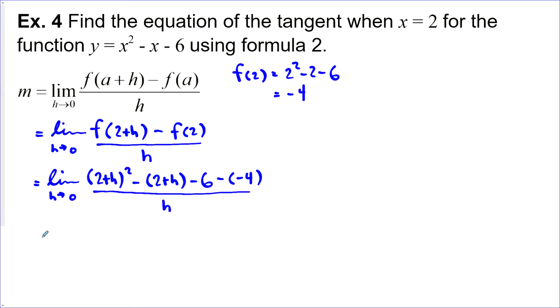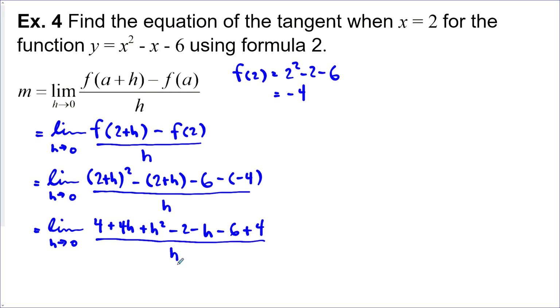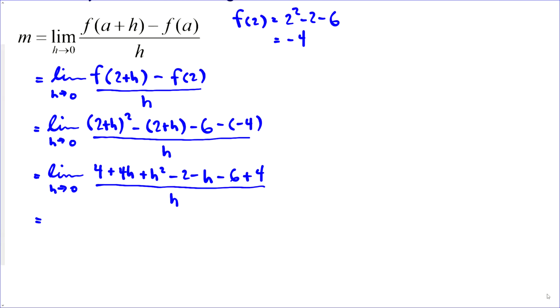Now I'll expand this out, so we've got the limit as h approaches 0 of 4 plus 4h plus h squared minus 2 minus h minus 6 plus 4 all over h. Now I can cancel a few things out here. How about the numbers?